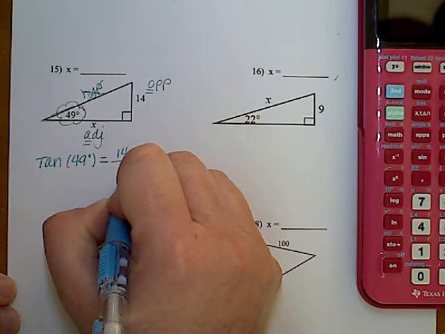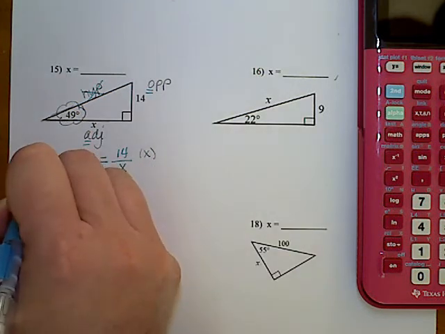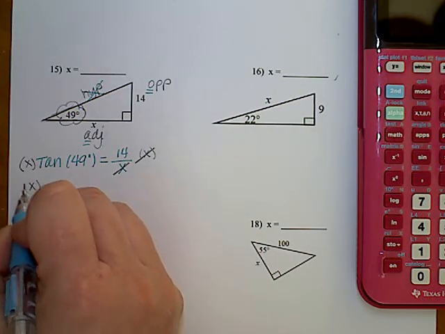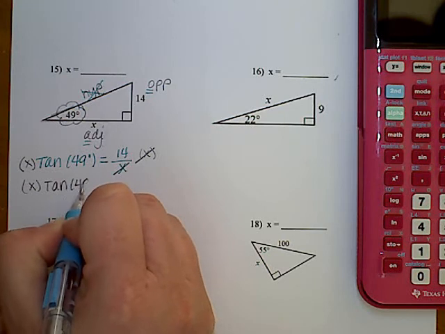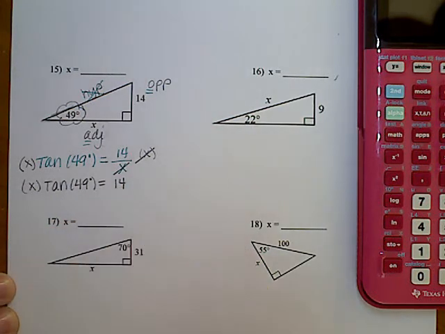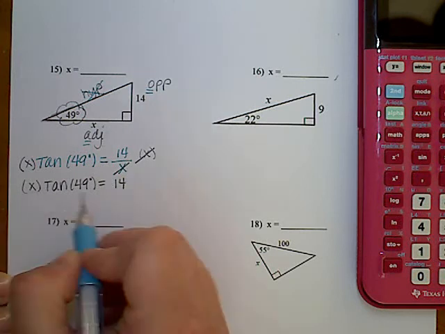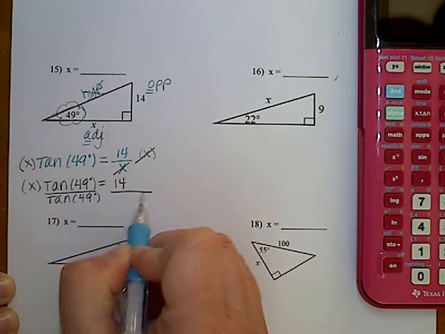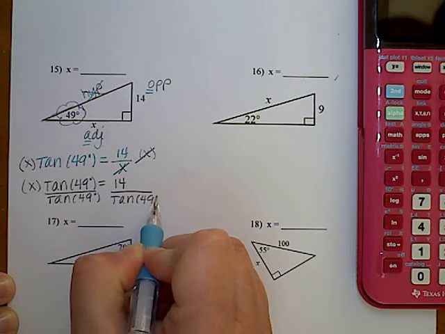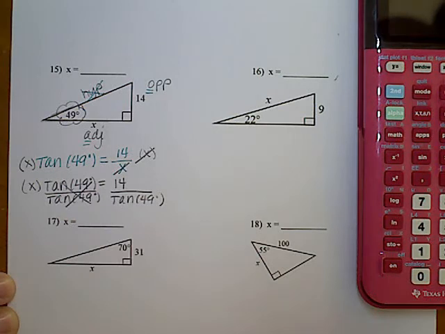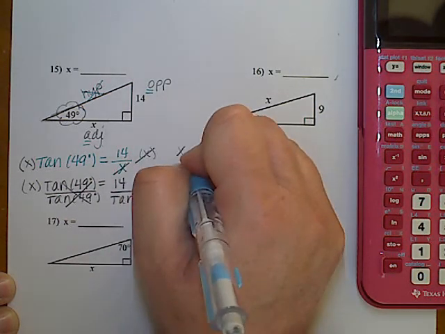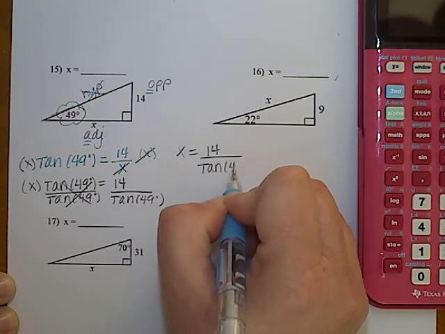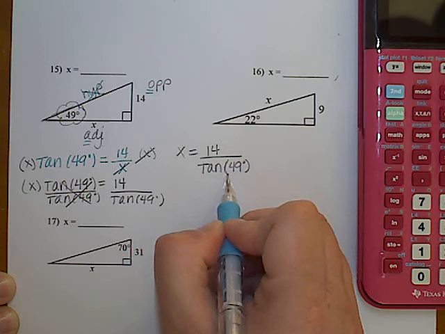In order to get the x by itself, or at least out of the denominator, I would have to multiply both sides by x. And now I'm left with x times the tangent of 49 degrees equals 14. I still want to get x by itself, so that means I need to divide both sides by the tangent of 49 degrees. So right now what I have is x equals 14 divided by the tangent of 49 degrees.